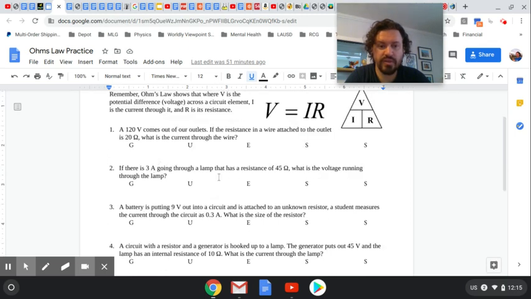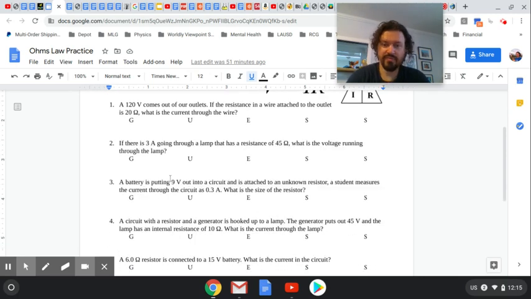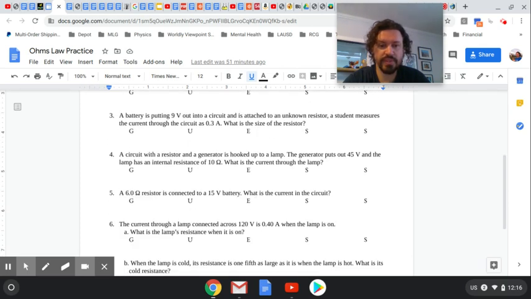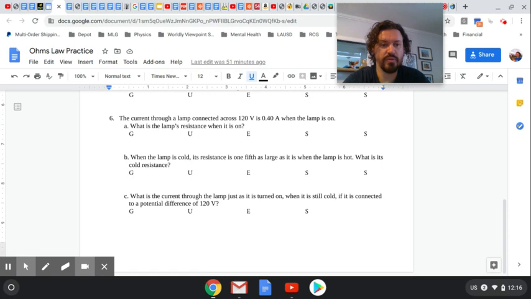Here you're given the current and the resistance, find the voltage. Here we're talking about a 9-volt battery, the little rectangular ones that you put in your smoke alarms and sometimes in remote controls and things like that. So you can figure out the size of a resistor based on the current that goes through it, and a few other problems.